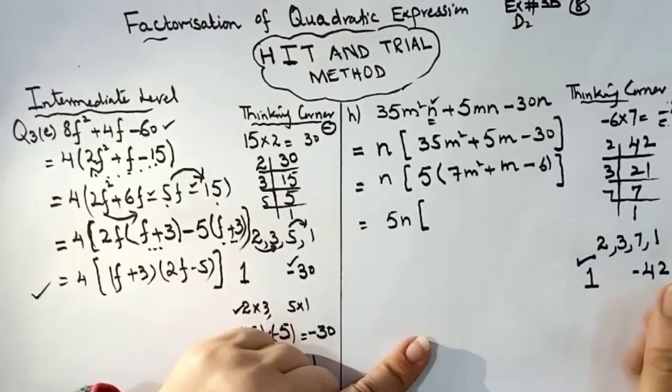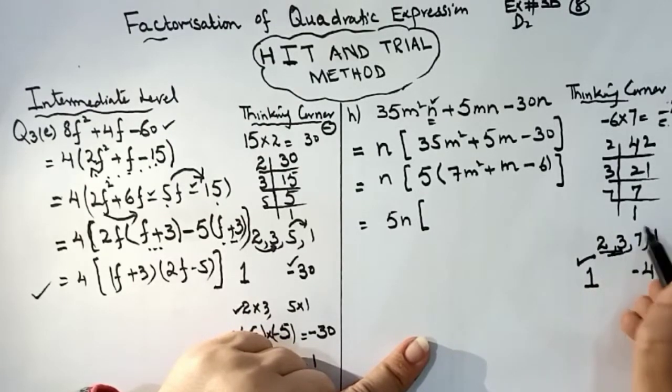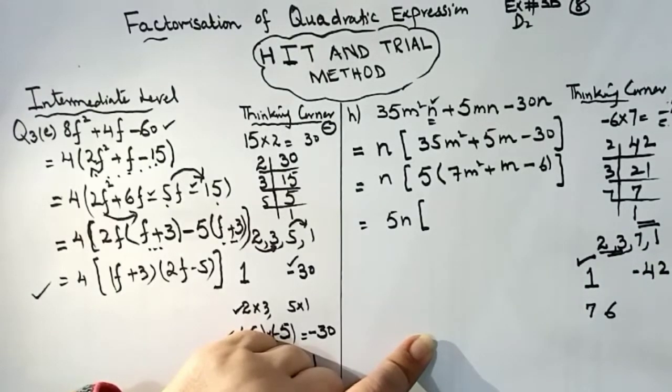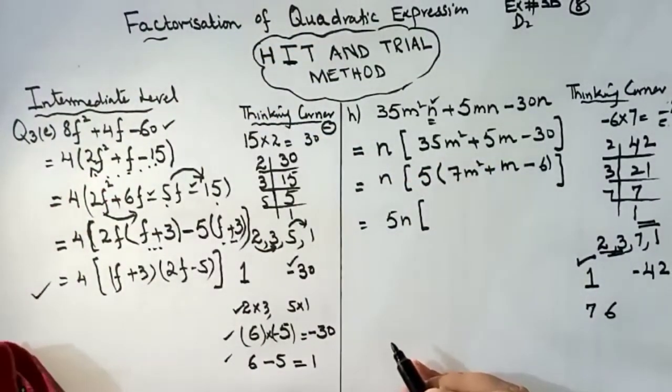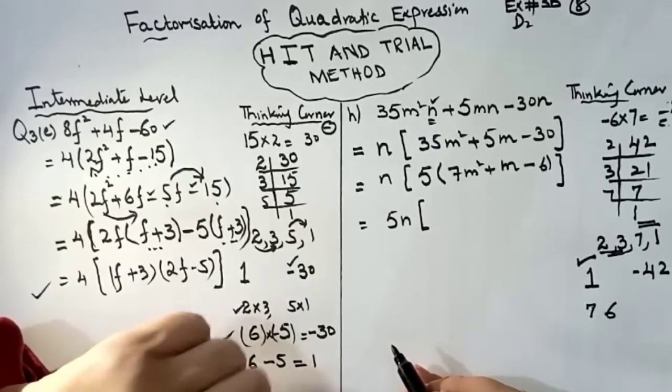Now the thinking process starts: if I join these two numbers together and these two numbers together, my numbers become 7 and 6. If I'm looking at the middle term, that is positive 1, that gives me the idea that these numbers must be two consecutive numbers.